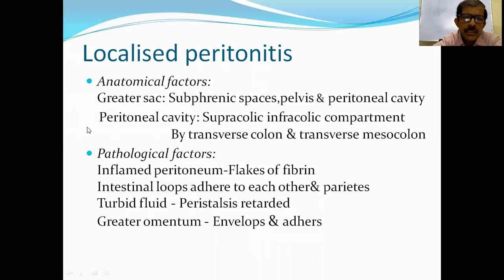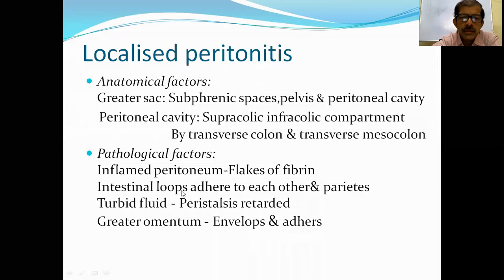So what are the pathological factors? So these are the anatomical closed spaces, like subphrenic and pelvic spaces. Whereas what are the pathological factors? One is the inflammation of the peritoneum will produce flakes. They will be limiting the disease.